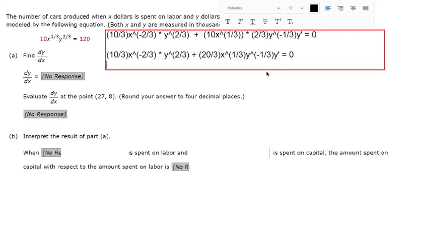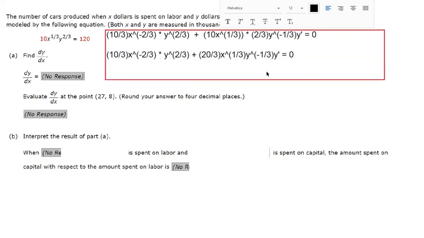And then I can make this equation simpler by multiplying everything by 3, because that'll get rid of the denominator and the coefficient here and here. So it gives us 10 x to the -2/3 times y to the 2/3 plus 20 x to the 1/3 times y to the -1/3 times our y prime, which we're trying to solve for.